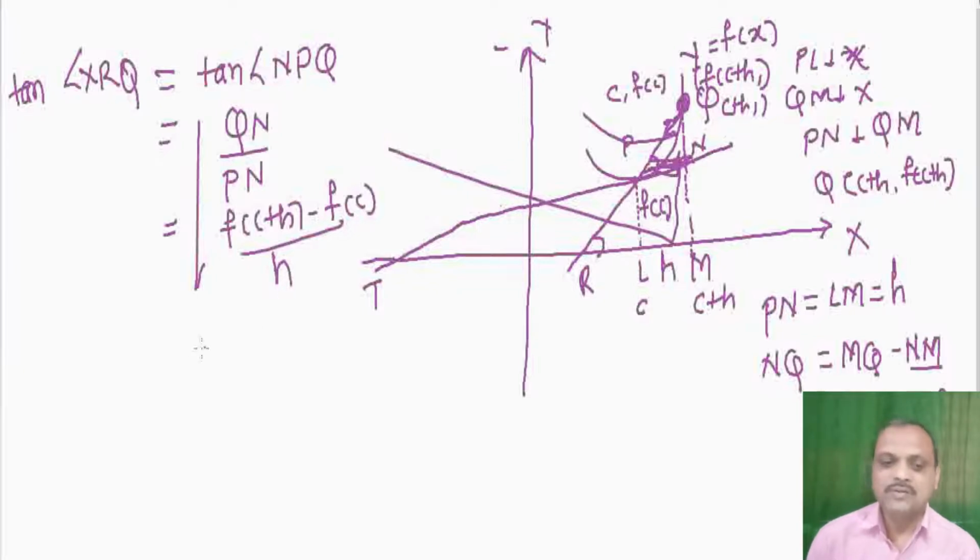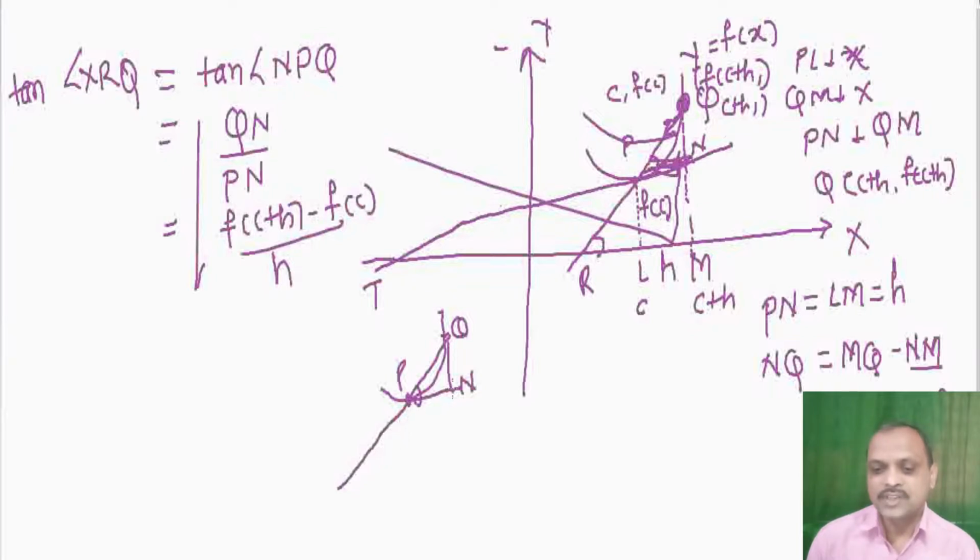Now on the diagram, this is my P, this is my Q, and this line is the chord. This is PN.